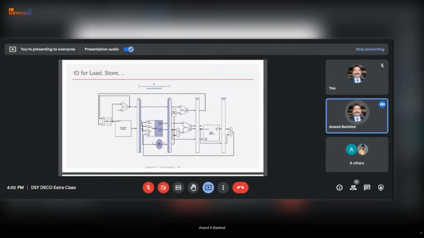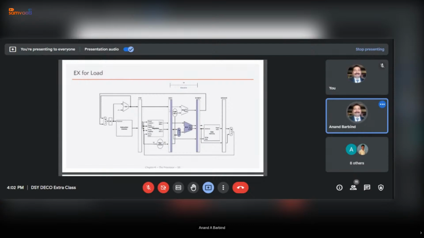So after the instruction decode and register read operation is done, it is stored in this pipeline register. Once it is stored, this unit is now free. The instruction decode unit is now free, and it can work for some other instruction.